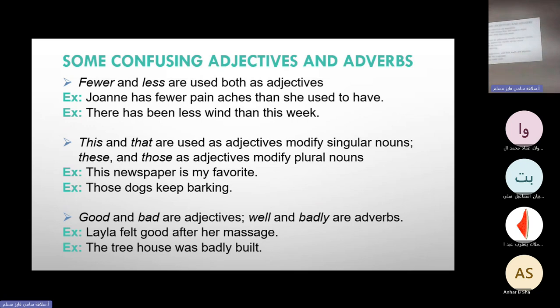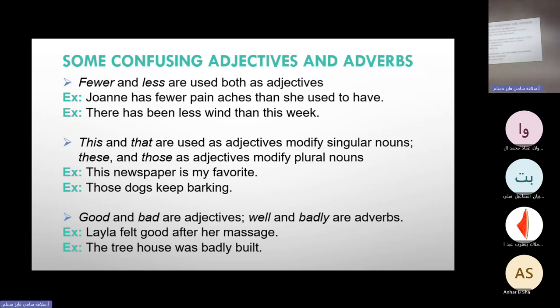Fewer is an adjective. Okay? The next one: There must be less pain than this week. Less is an adjective. Okay, fewer and less are always used as adjectives.